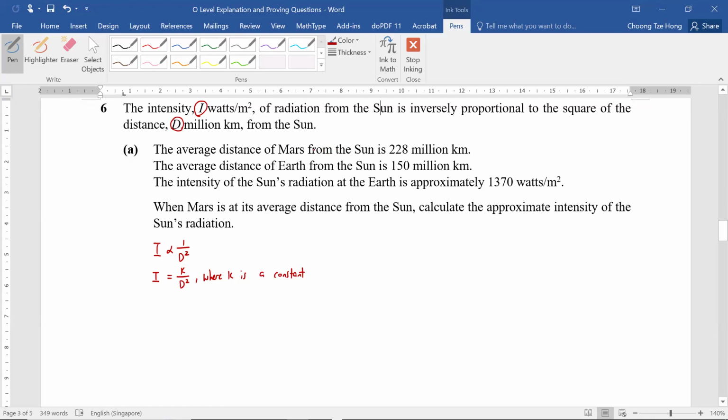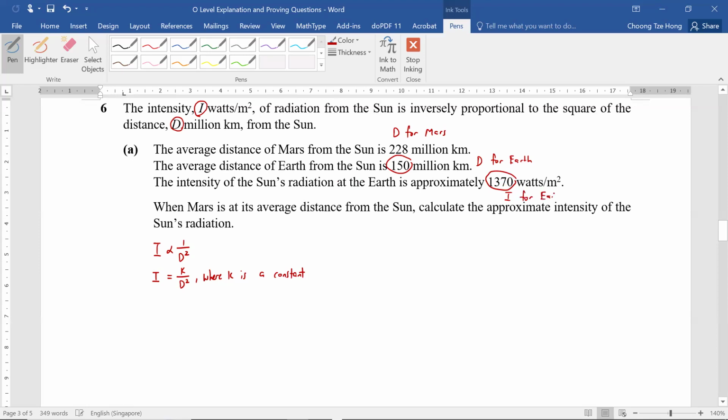The average distance of Mars from the sun is 228 million kilometers. So this is D for Mars. Then the average distance of Earth from the sun, this would be D for Earth. The intensity of the sun's radiation at Earth is approximately 1370. So this 1370 is the I for Earth.